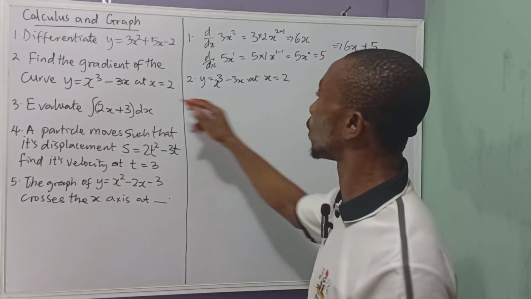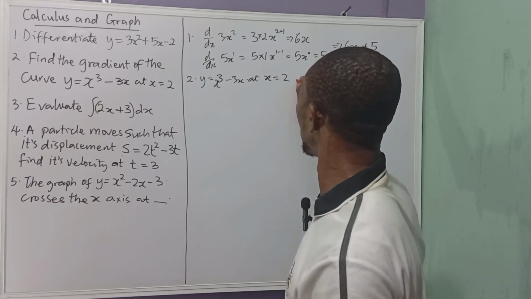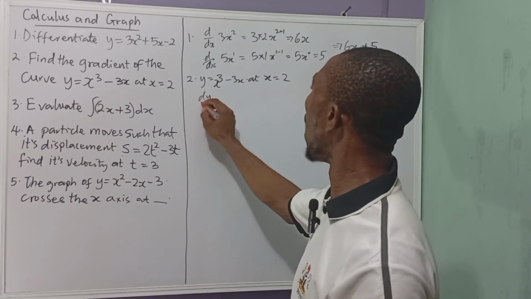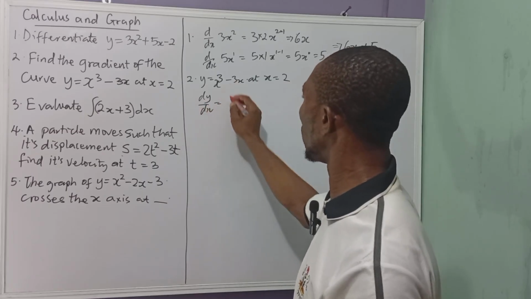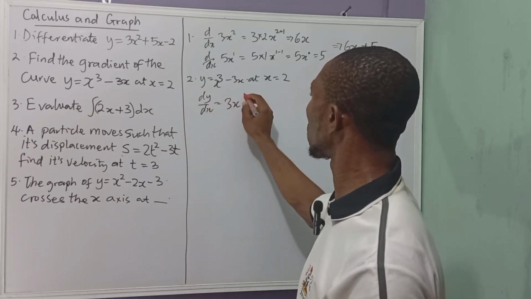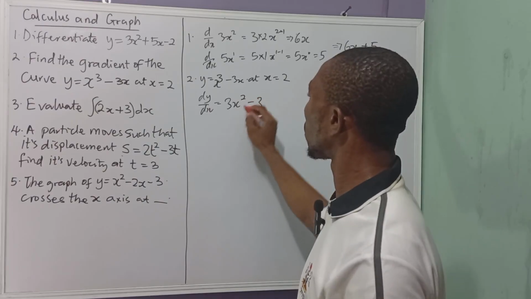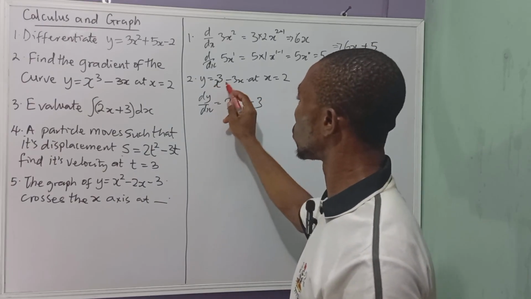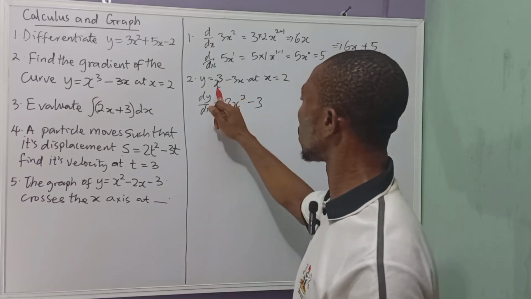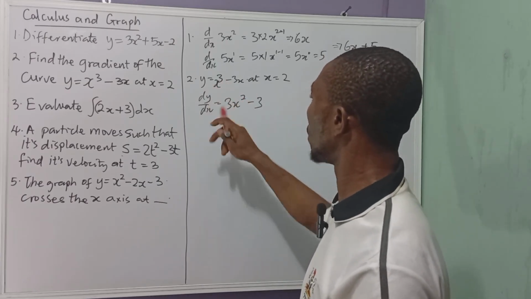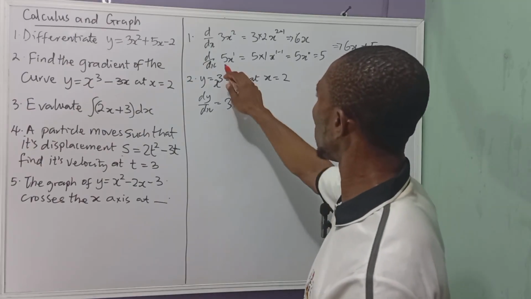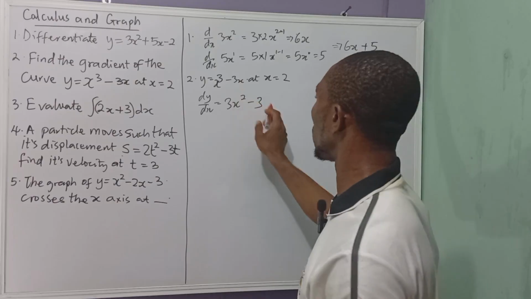That gives us 3x squared minus 3. Remember, we are bringing the power down. So 3 times 1 is 3, and 3 minus 1 gives us 2.